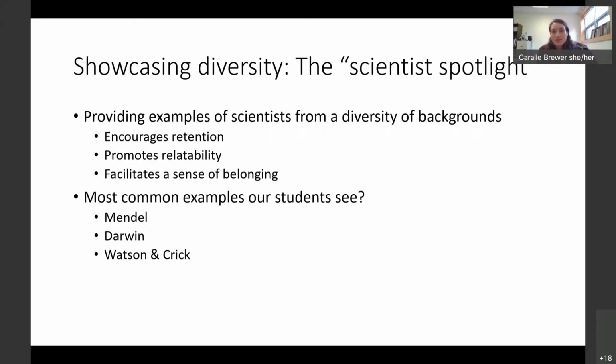So another strategy that we used for creating a more inclusive classroom was this idea of creating these scientist spotlights of scientists who identify with these minority groups.